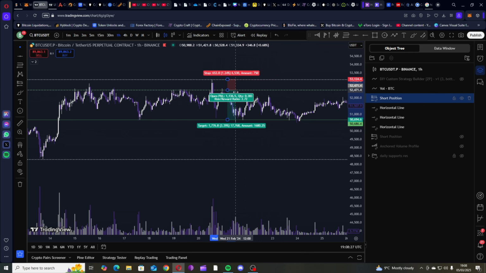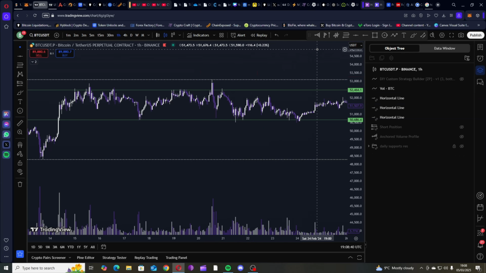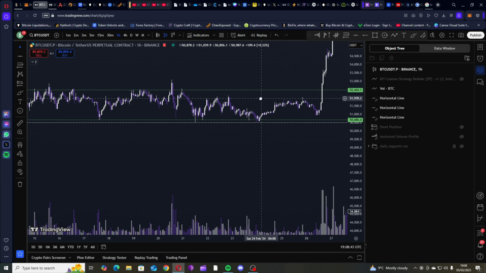It took... this didn't take that long. You shorted it at 11 o'clock on Tuesday. By 12 o'clock Wednesday, you hit your target. Same again here. Now what we've got is, it's come back down to the range low again.